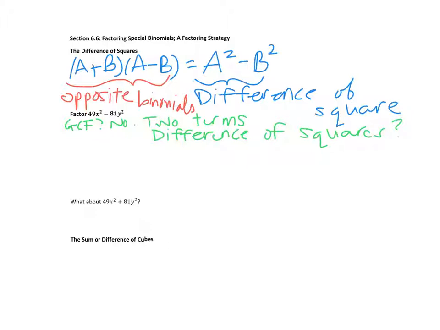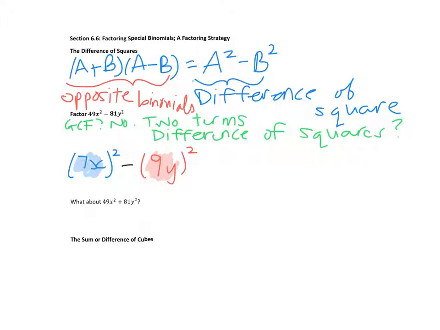All right, 49x squared, let me rewrite that. 49 is 7 squared, and x squared is x squared. See how I wrote that in parentheses. And then 81y squared, 81 is 9 squared, and y squared is y squared. So inside the parentheses, we have our a and our b.